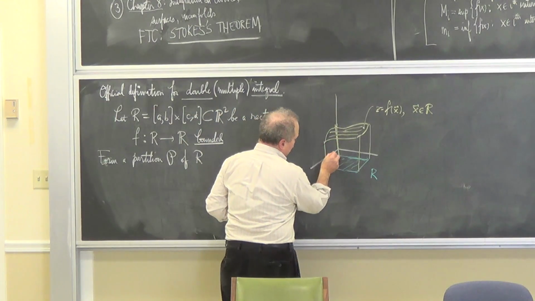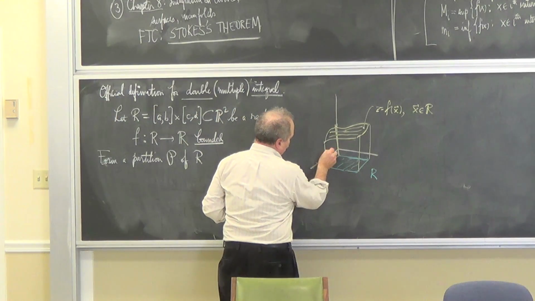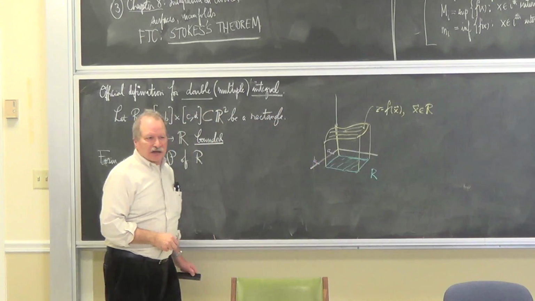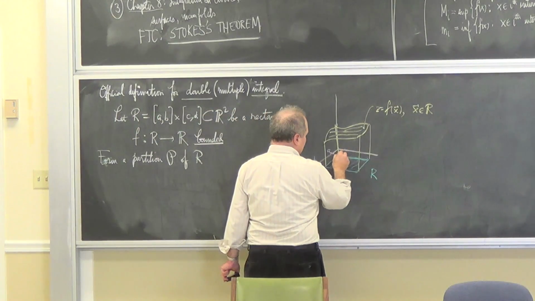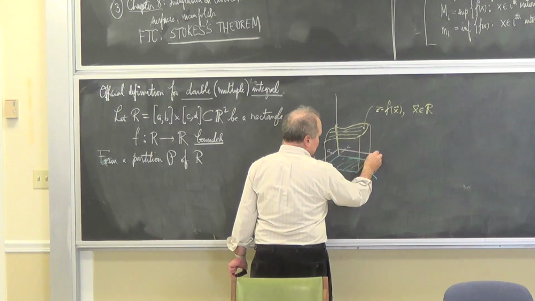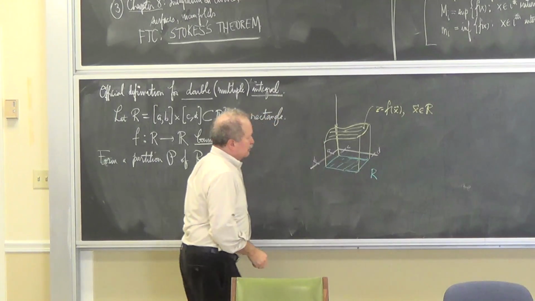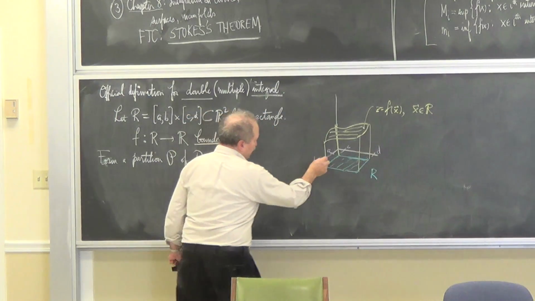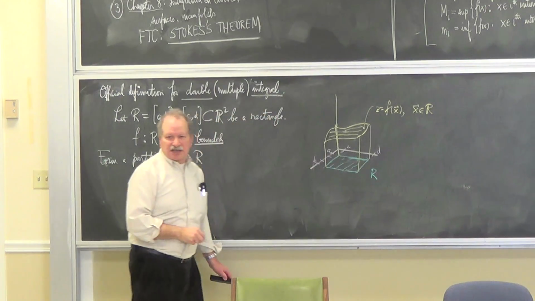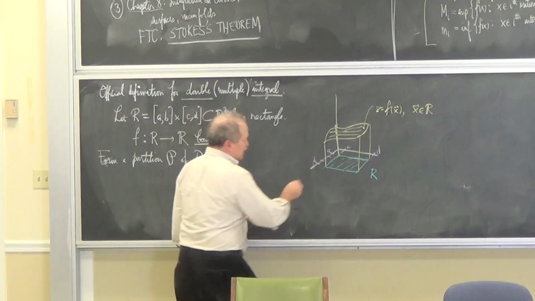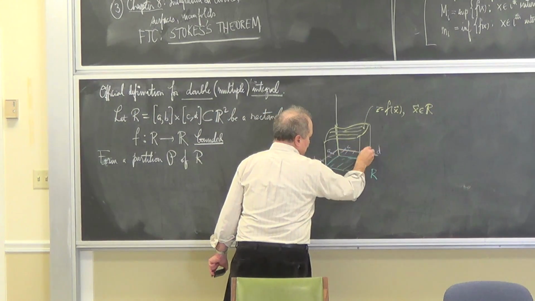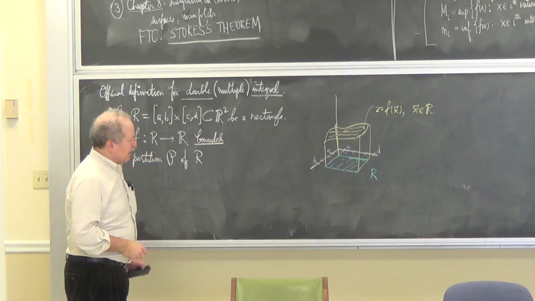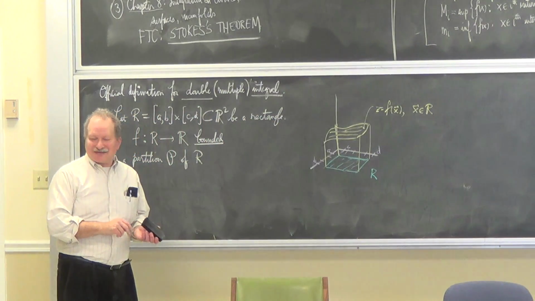You're going to partition the interval from a to b, and you're going to partition the interval from c to d. So you're going to divide this up into some number of pieces, not necessarily even. You're going to divide this up into some number of pieces, not necessarily even. And then you're going to make a crisscross pattern.